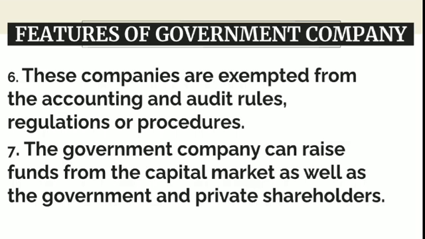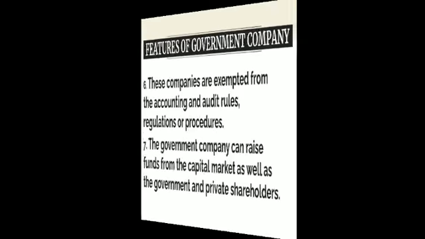So this is how a government company finances itself with the help of financial resources from different sources: government shareholdings or securities, private shareholders, or the capital market, that is the stock market.